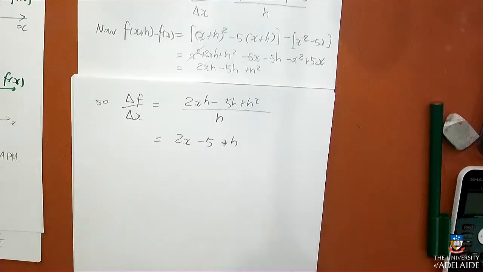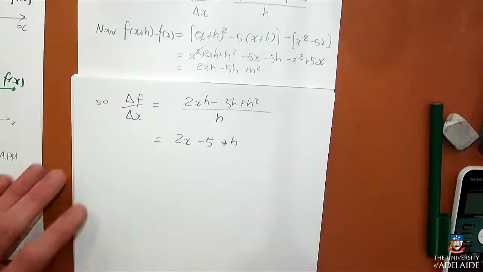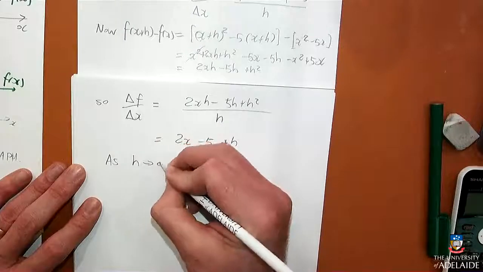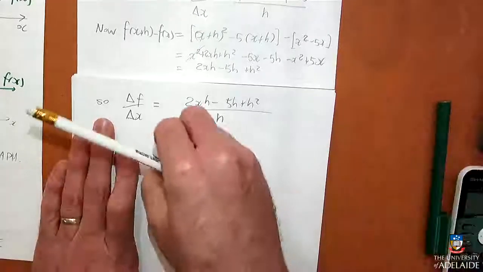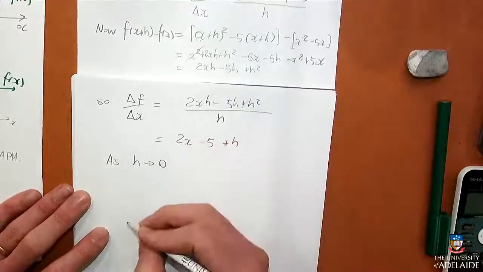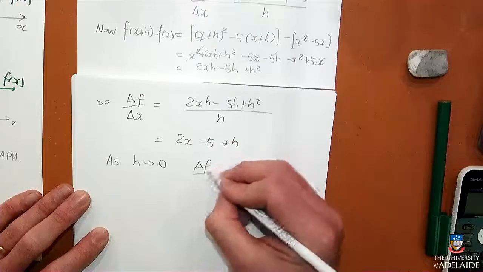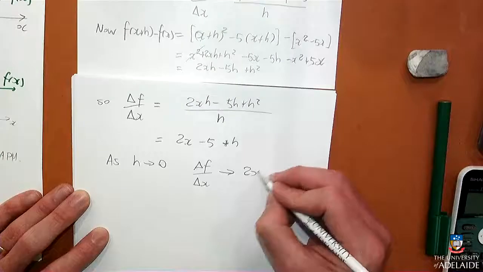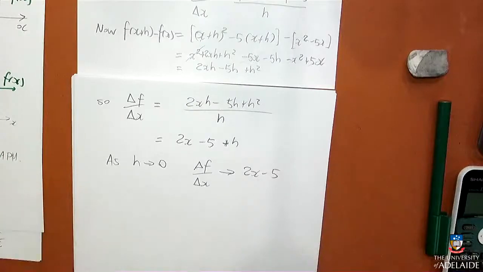I can just send the h to 0. So now I can say, as h goes to 0, whoop, not infinity, as h goes to 0, delta f over delta x will go to 2x minus 5. So that's what I get when I sub in h equals 0 at this stage.